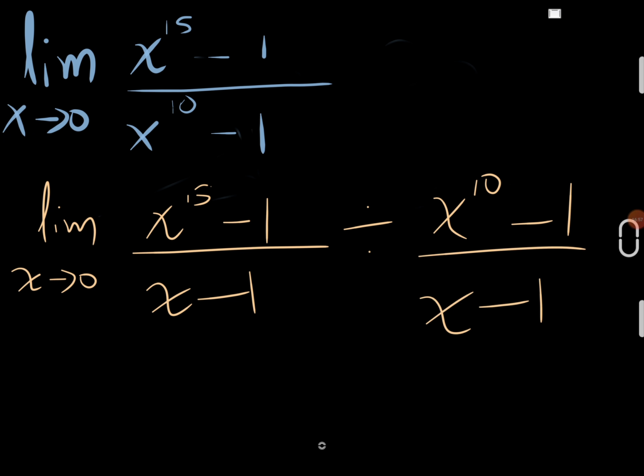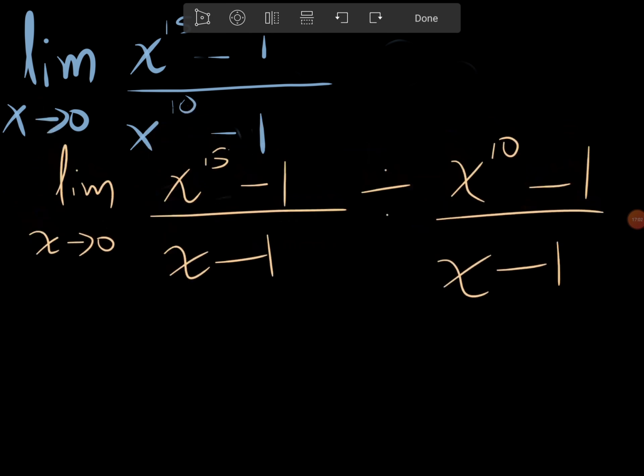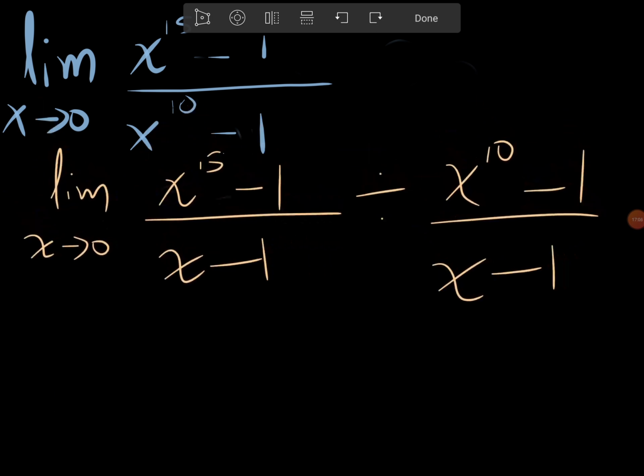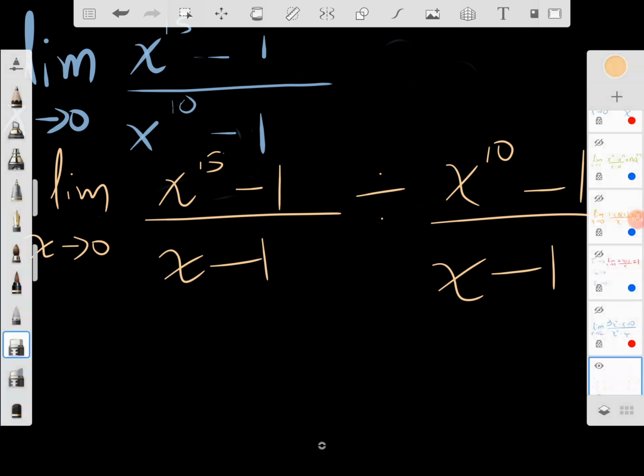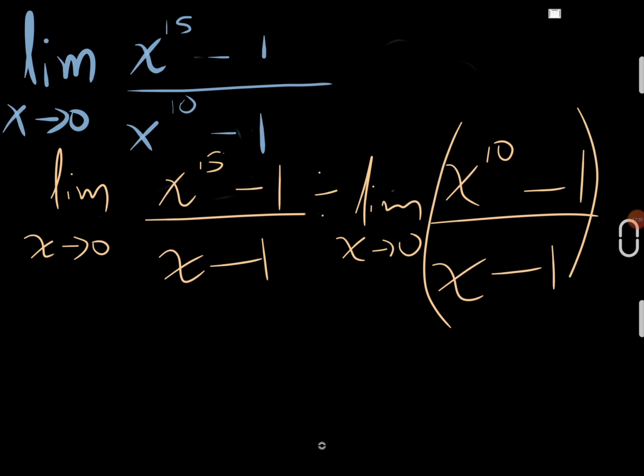Now you know that in that thing which I asked you to read, limit of f of x divided by g of x is equal to limit of f of x divided by limit of g of x. Using the same thing, I can write this as, good thing I can rub on the screen, just divided by limit x tends to 0. Remember to put the brackets so you won't get confused and I also won't get confused.